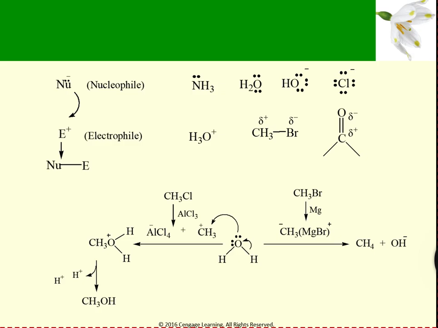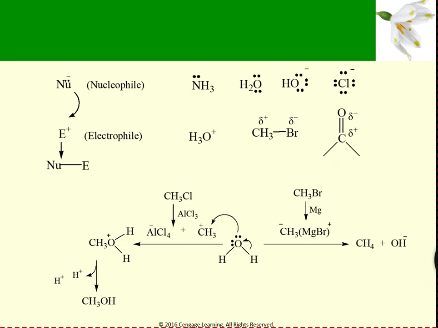Now I introduced the concept of nucleophile and electrophile. It is very straightforward that most nucleophiles will have a negative charge, or if neutral, the nucleophile should contain non-bonding electrons. That's the requirement; otherwise, they cannot behave as a nucleophile.